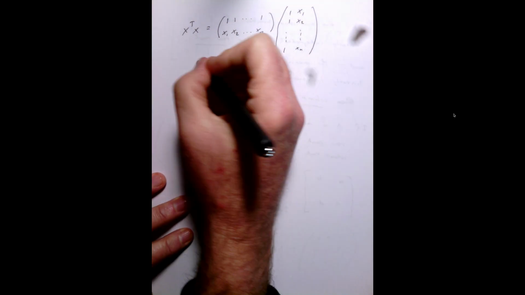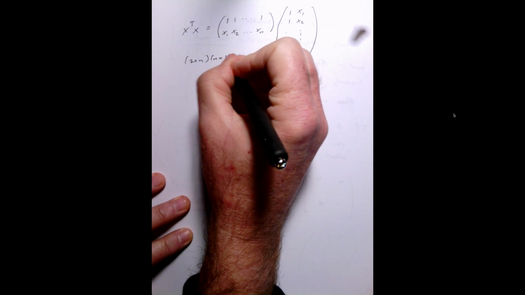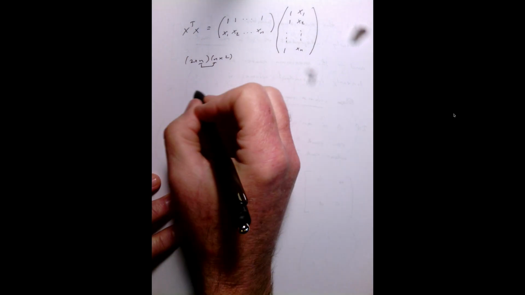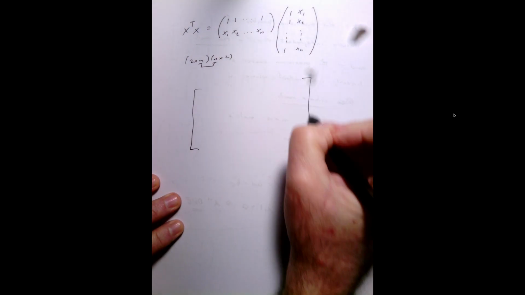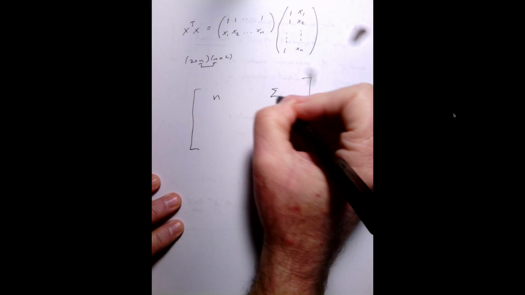And if you don't know it yet, at least I hope it's in your notes. It's in your notes now, right? So this is going to be a 2 by n. This is obviously an n by 2. Going back to what we've talked about before, the product exists. And we're going to have a 2 by 2 matrix.